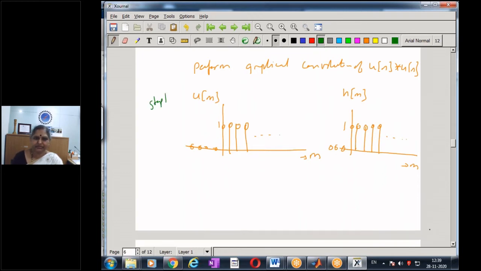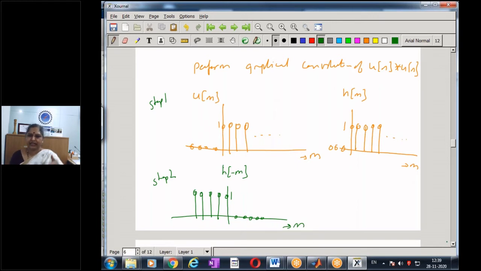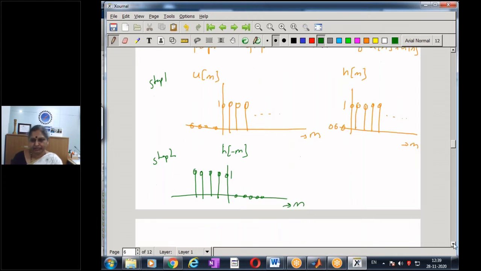Second step is to sketch h of minus m, which is going to be flipping h of m about the vertical axis, and what I get is magnitude 1. Once I sketch this, I compute the product u of m into h of minus m, and then take the sum of the product.